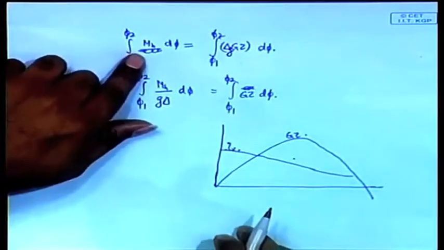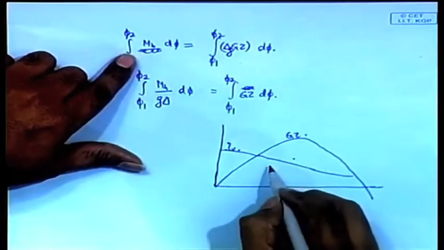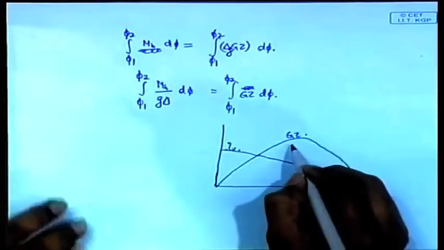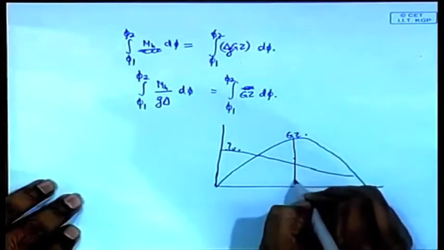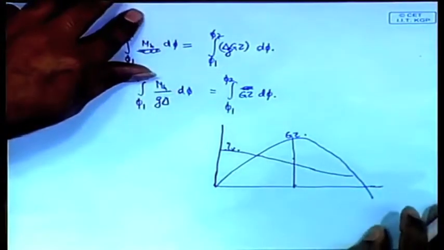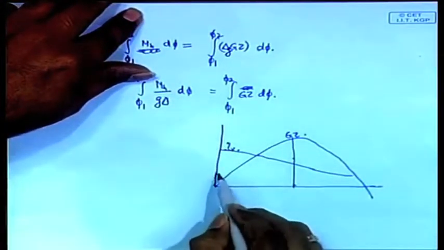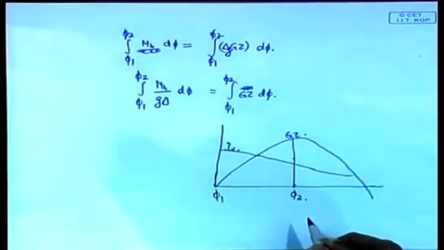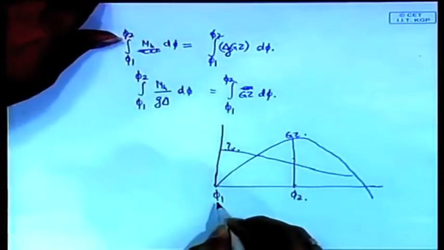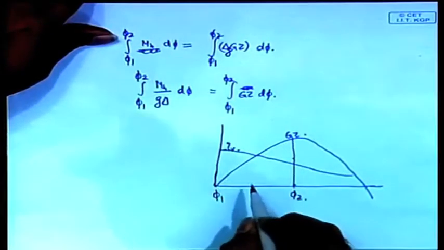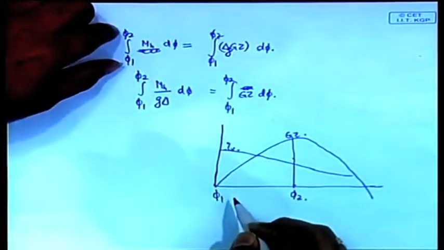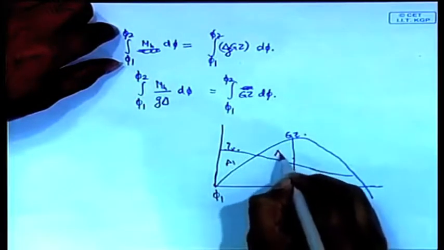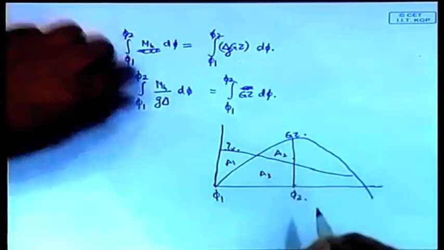The first one, MH d phi, represents up to this. Between these two angles, some phi 1 and some phi 2, in this case we assume phi 1 to be 0, the first integral represents the area under the curve. Let us call these A1, A2 and A3.